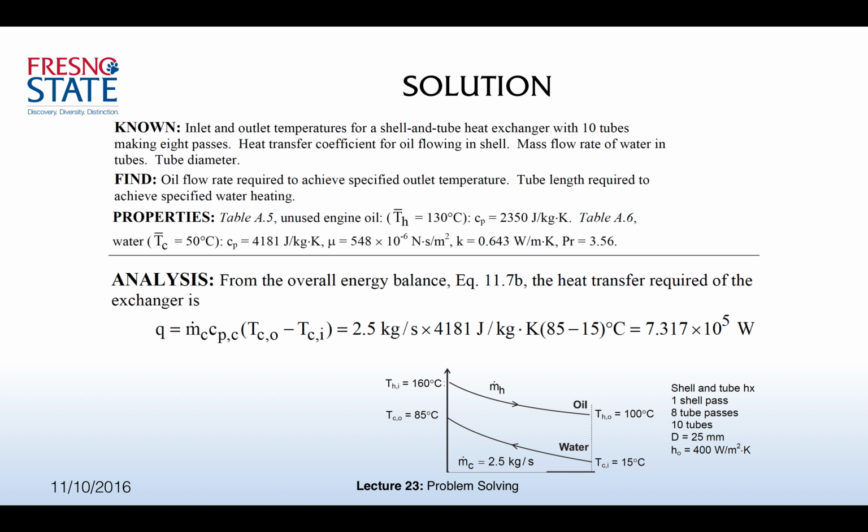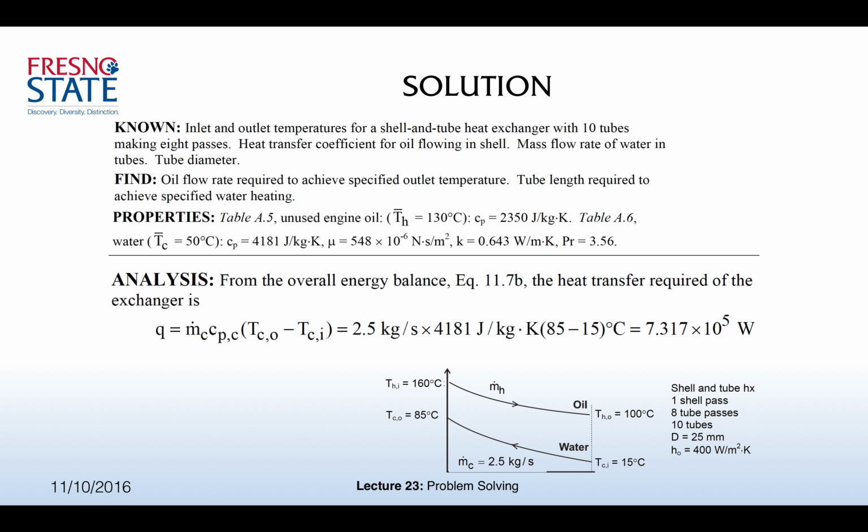m dot cold is 2.5 kilograms per second multiplied by Cp cold, and that would be 4181 joules per kilogram Kelvin multiplied by the temperature difference for the water, 85 minus 15. Then the amount of heat the water loses is 7.317 times 10 to the 5th watts. This is the amount of heat the water loses.